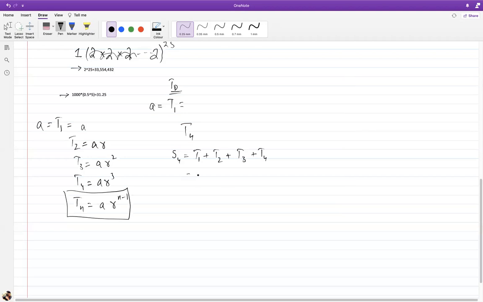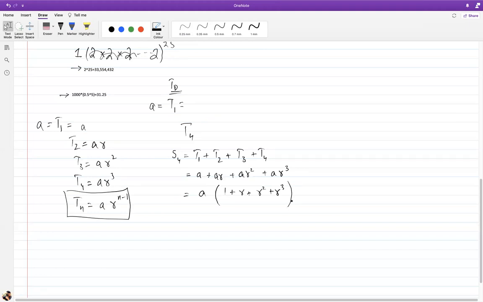If I do that, I get A plus A into R plus A into R squared plus A into R cubed. Looking at this, I can take A common, which gives me A times 1 plus R plus R squared plus R cubed.